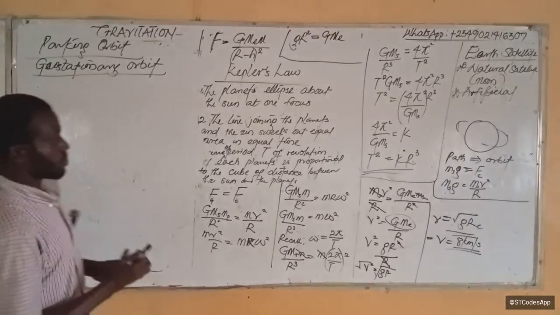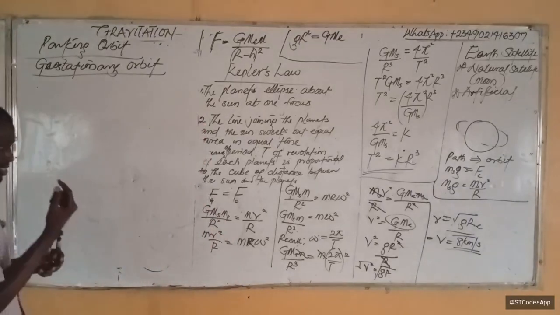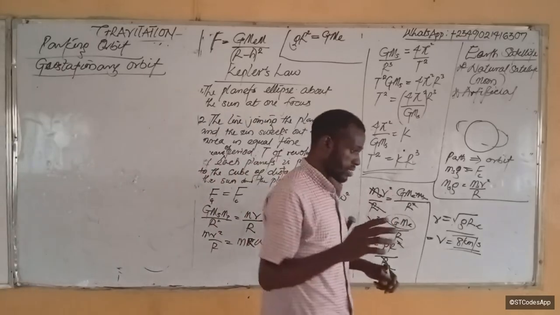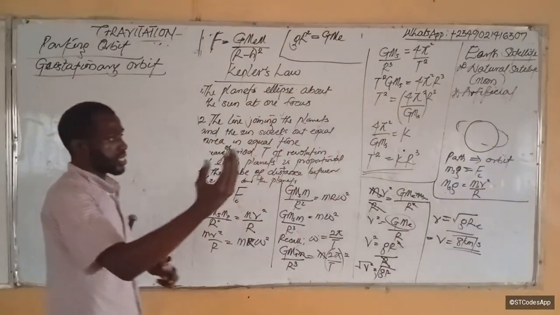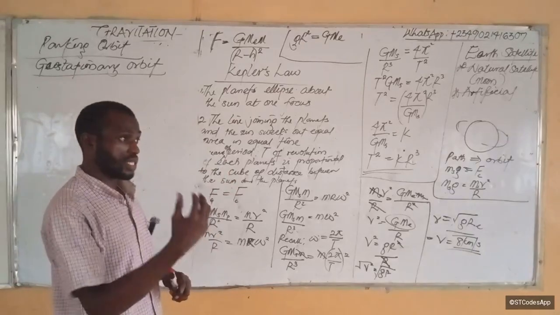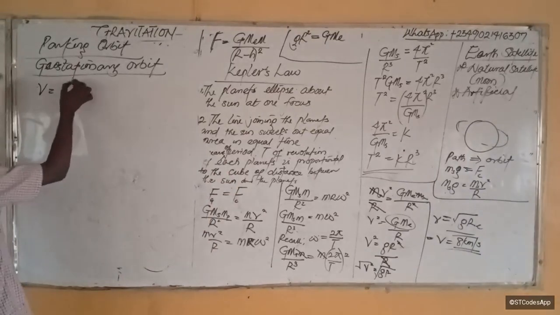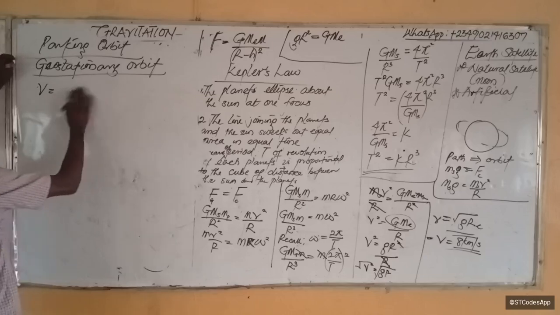Since the body is moving around the Earth at the same period as the Earth, recall first that the velocity is equal to the circumference over period.